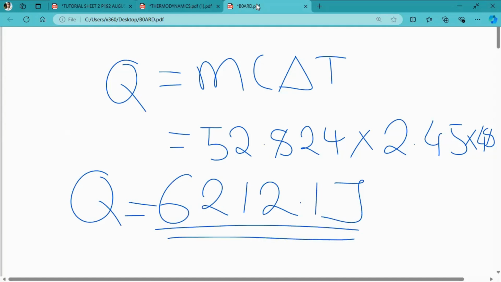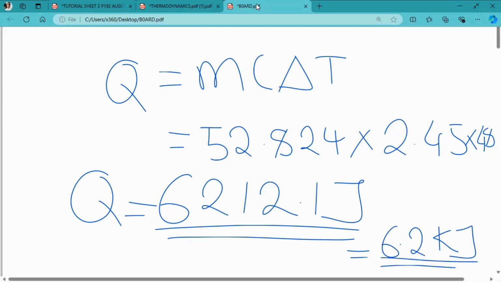This can also be written as 6.2 kilojoules of thermal energy.